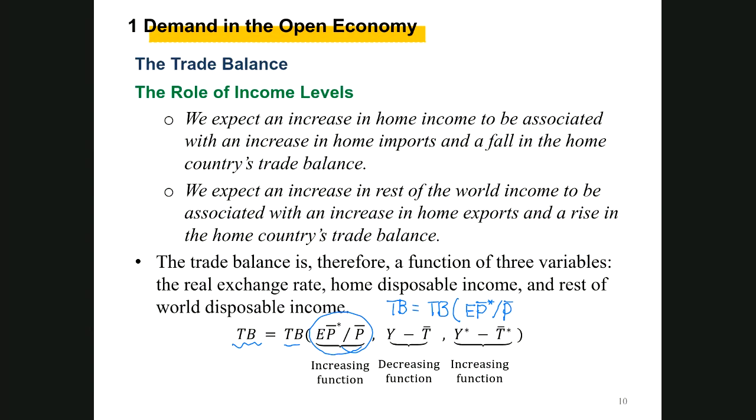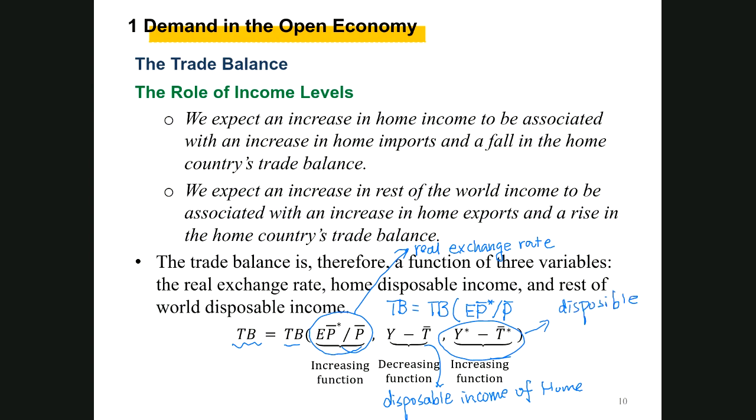Then the disposable income of the home country, and this one is the disposable income of the foreign country. So three factors will affect the trade balance: exchange rate, current income in the home country, and income in the foreign country.